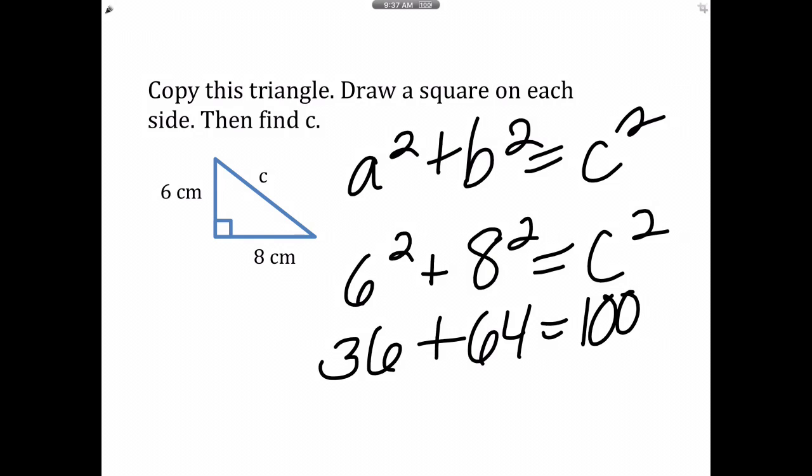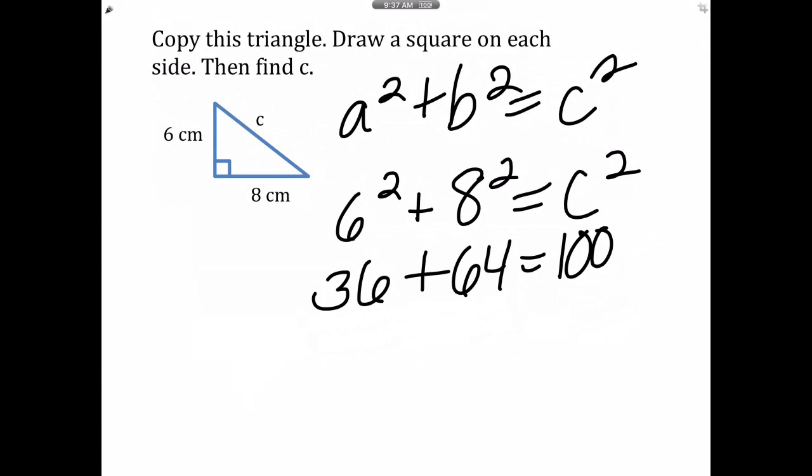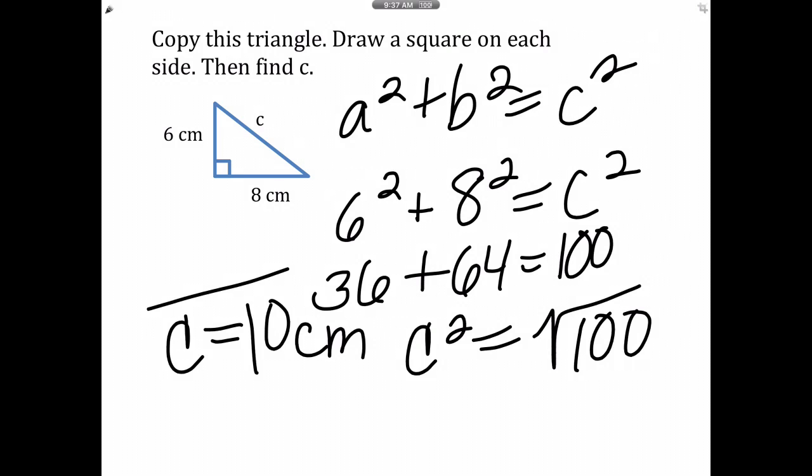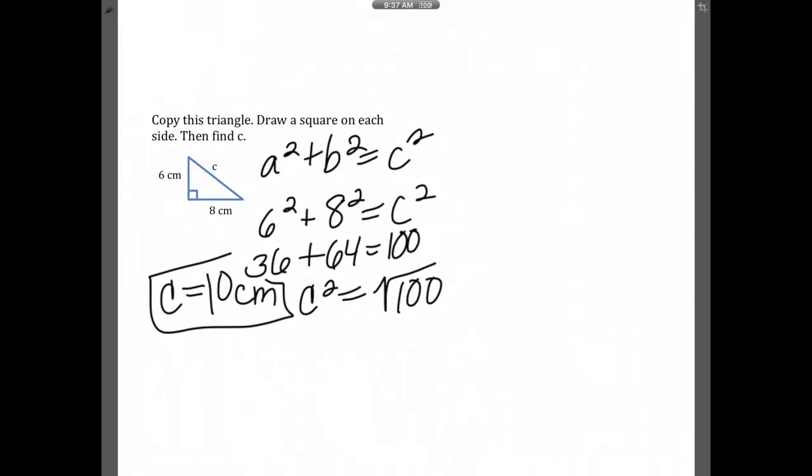Now remember, it's c squared. So now we want to find the square root so that we can find the length of the side. So for c squared, we put it in a square root box, and c would equal 10 centimeters. Okay, let's see what other examples we have.